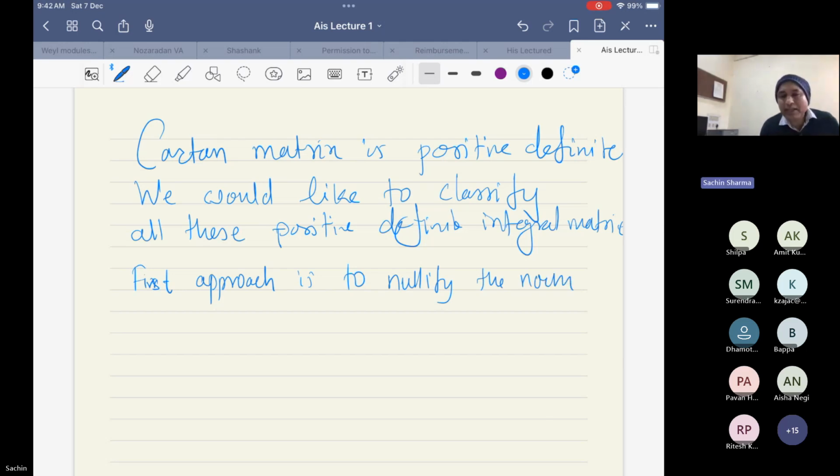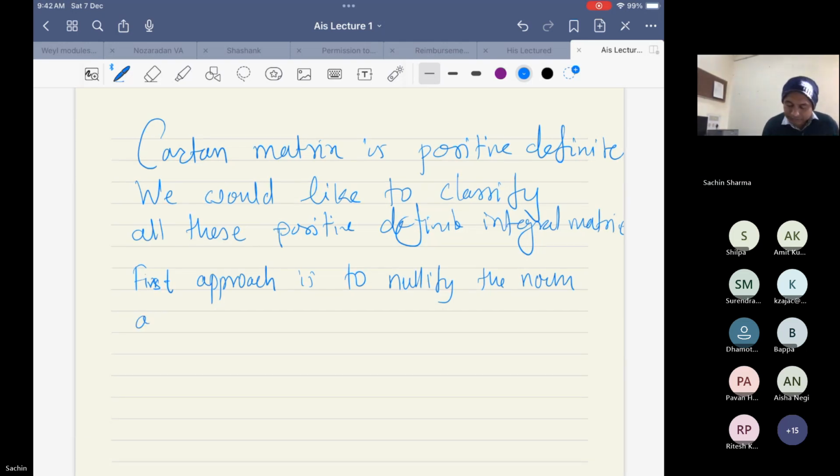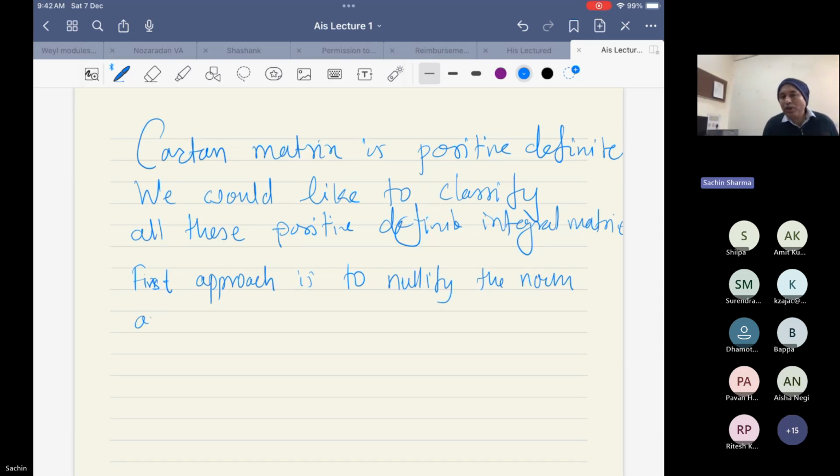Nullify norm means make them the same norm, and so suppose you assume that they have uniform norm, to make the matrix symmetric.